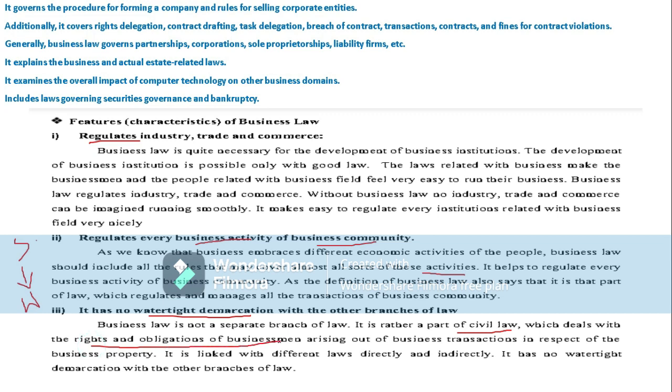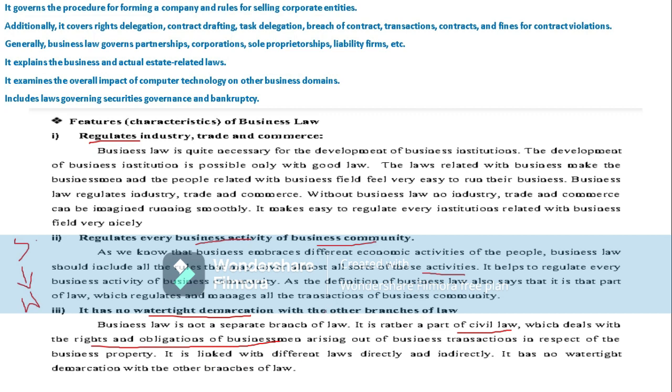What is the obligation? To safeguard the shareholders. Likewise, what are the directors' obligations? What are the obligations of the company? What is the obligation of the employees towards the company? So all aspects can be seen. The rights and obligations of businessmen arise out of business transactions in respect of business property.